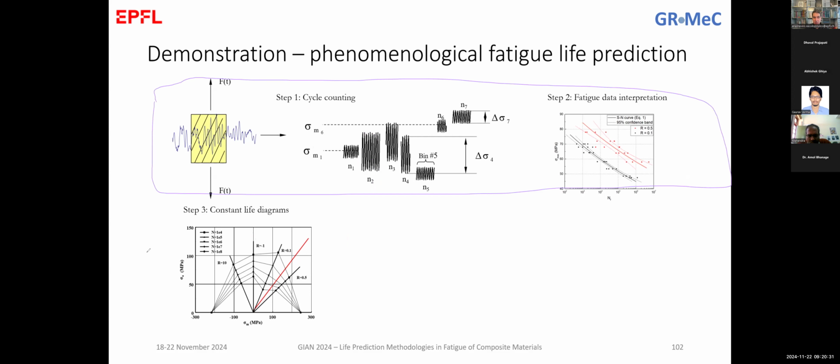And now here we start talking about prediction. The first predictive model that we use is the constant life diagram. The second predictive model that we have to use is related to the failure of the material in multi-axial stress states.